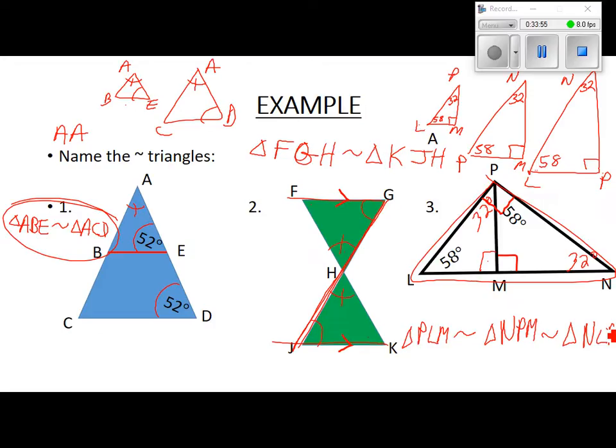In the small triangle, if we were setting up a proportion matching up sides, side LM would have to go over what side in the big triangle? LP. Does everybody see how you can use the names? LM is right here in the big triangle. LP is right there. Same spots. That way you can match them up a little easier.